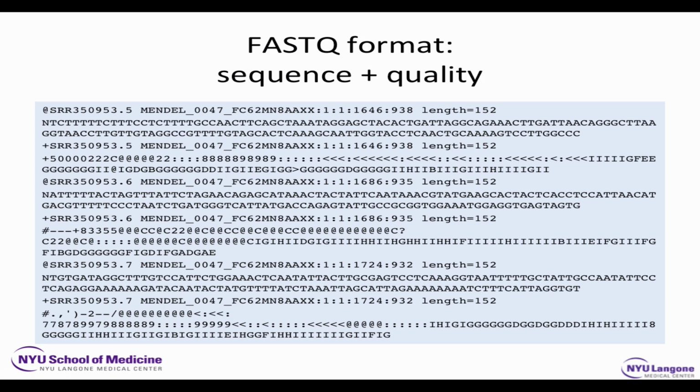I won't go through the formula, but it's a 1 in 1,000 error rate. So we believe that the score of this base is correct. It's a G, A, T, or C, and we believe that the chance of error is only 1 in 1,000. That's what we call a Q30. A Q20 would be a 1 in 100 error rate.